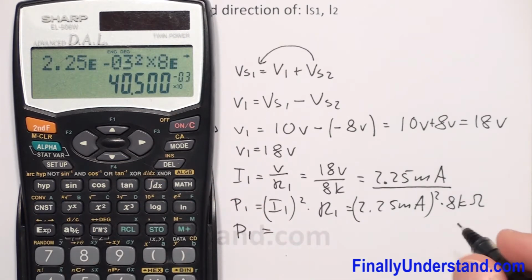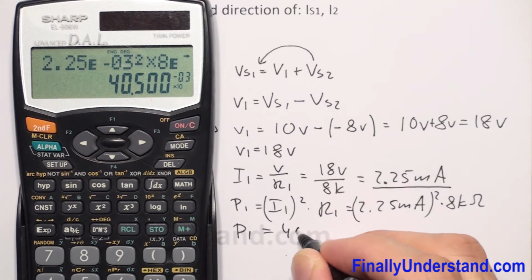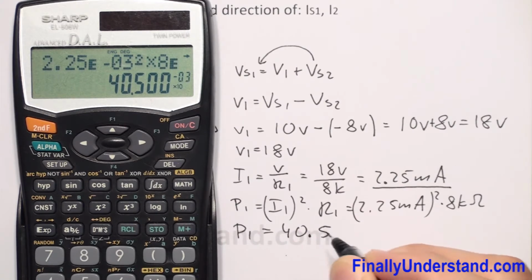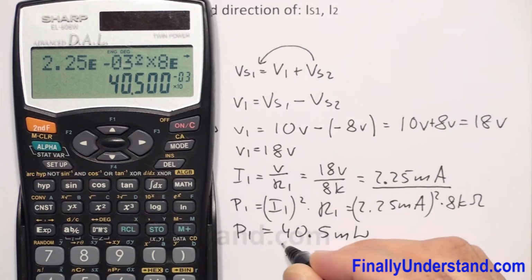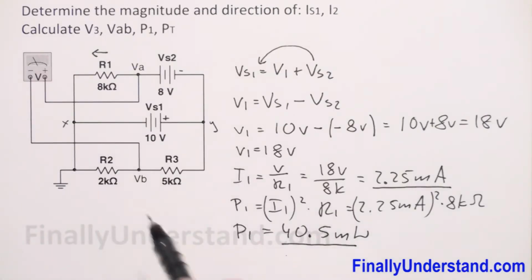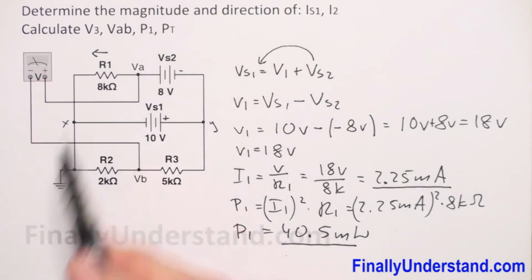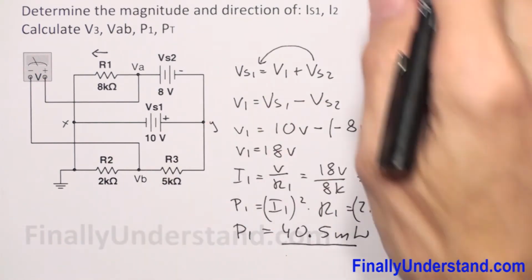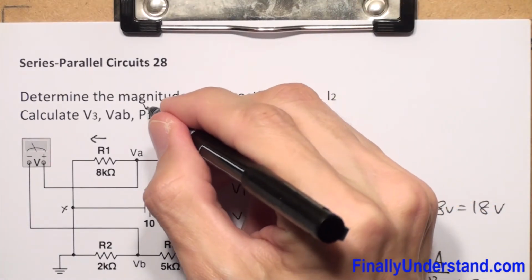This is equal to 40.5 milliwatts. So this is the power at resistor R1. So we found P1.